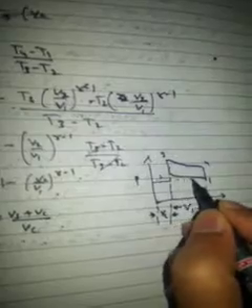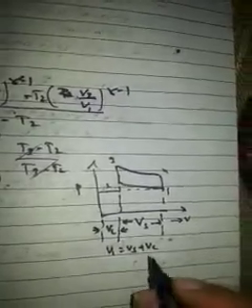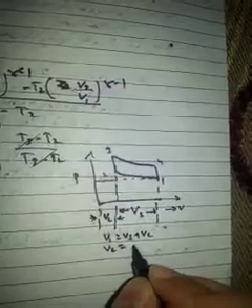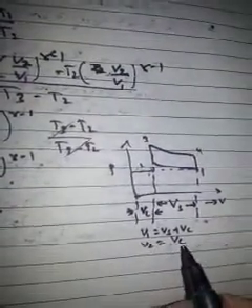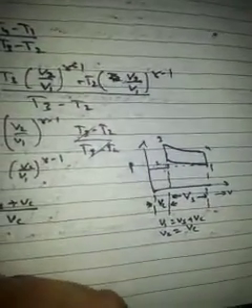V1 is equivalent to Vs plus Vc, and V2 is the clearance volume Vc.